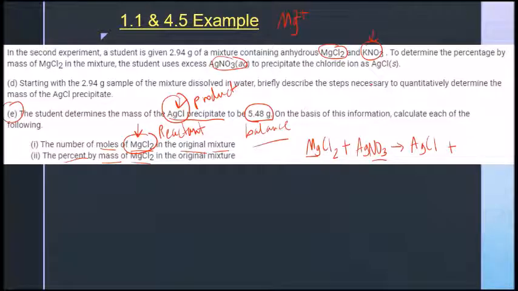Now, even if I don't have nitrate memorized, can't I figure out the charge based off of the KNO3 and the silver nitrate here? If we have potassium nitrate here, what's potassium's charge? It's a +1.